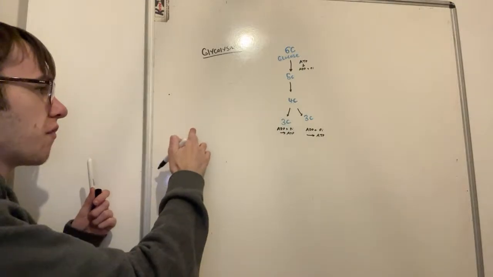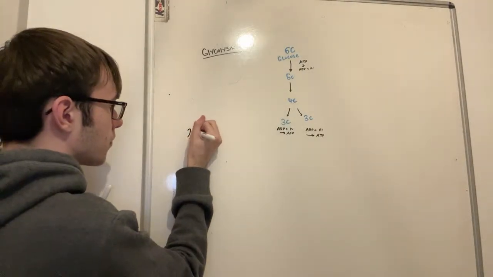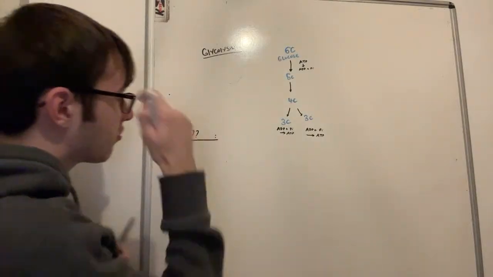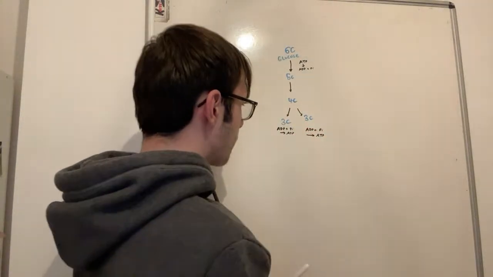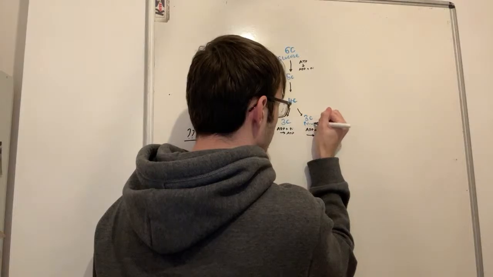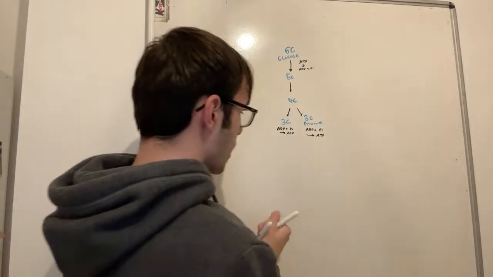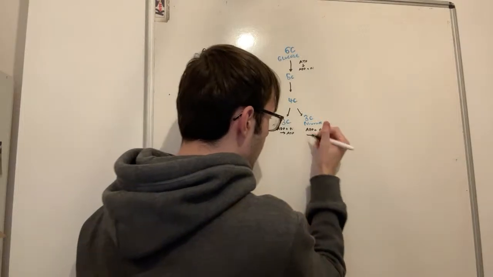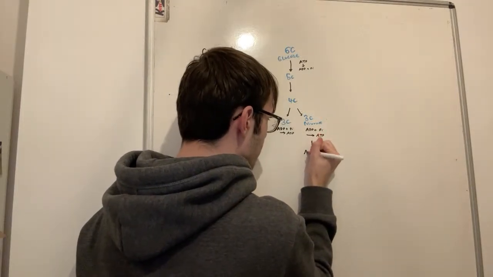I don't recall what this stage is called, so I'm just going to put that I don't know. But this stage is where you have a 3-carbon compound pyruvate. You combine that with, is it acetate?